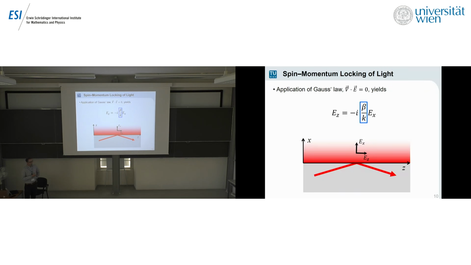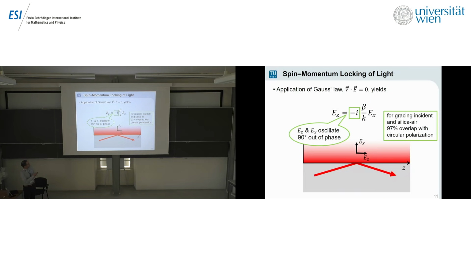So this tells you whenever you have a very strong gradient in direction of a polarization component, you get a strong longitudinal field. In addition, what you also see here, that these two field components are 90 degrees out of phase. That means you get elliptical polarization. And elliptical polarization where the ellipticity is in the plane spanned by the propagation axis and the second axis.